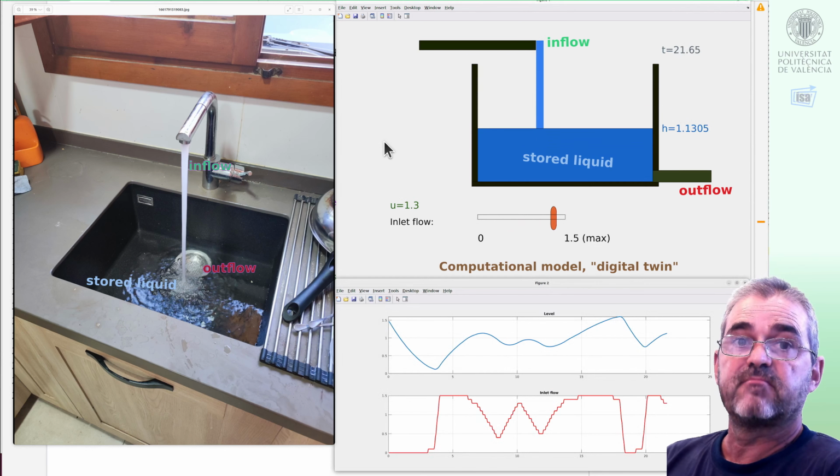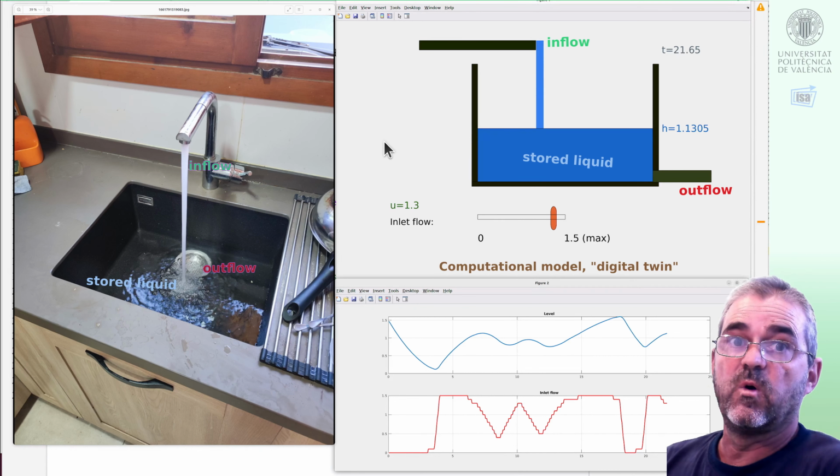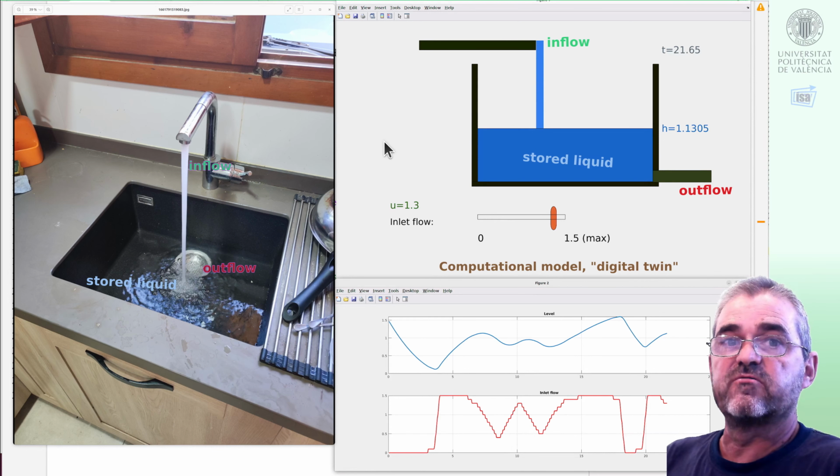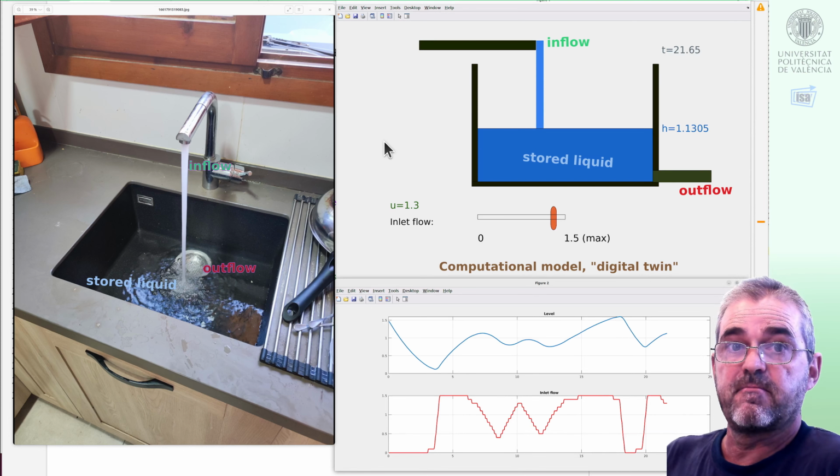This software is called a simulation model, a computational model, or digital twin, depending on the marketing leaflet you're reading. But it's sort of the same stuff. It's a software copy so that I can predict what will happen if I do certain things to my tank.